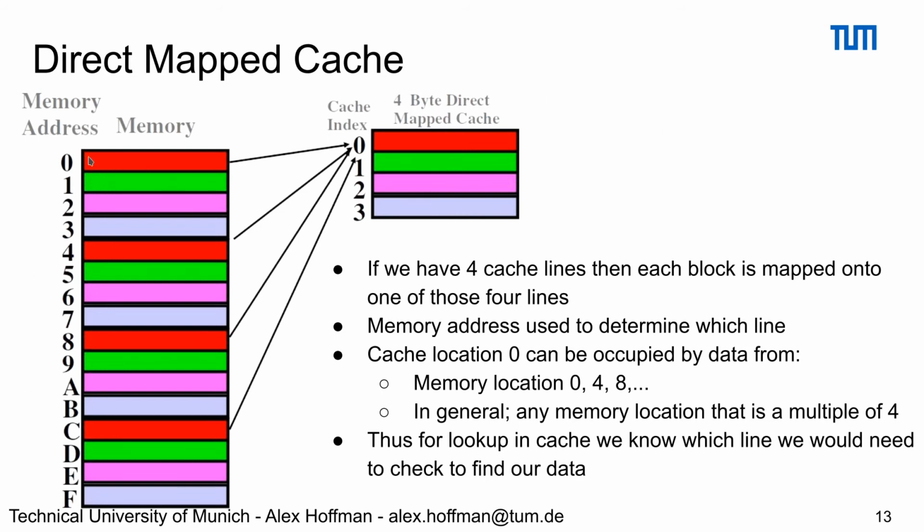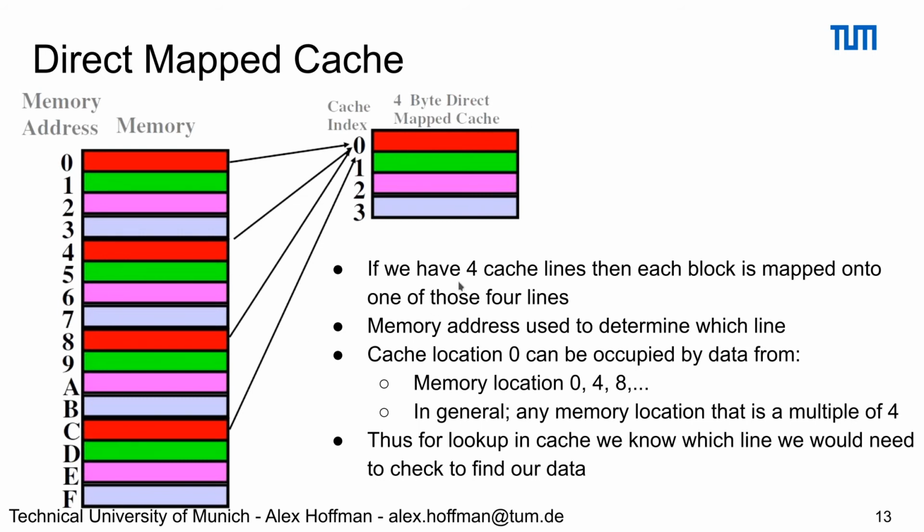This means that every time I want to load the memory address that falls inside of this first memory block, it'll get put into the first cache line, the 0th cache line. Similarly, the 1st, 2nd, and 3rd will map to the 1st, 2nd, and 3rd cache lines. And then it just repeats. So the 4th one, the 8th one, and then the 12th one, they all also get mapped into 0.